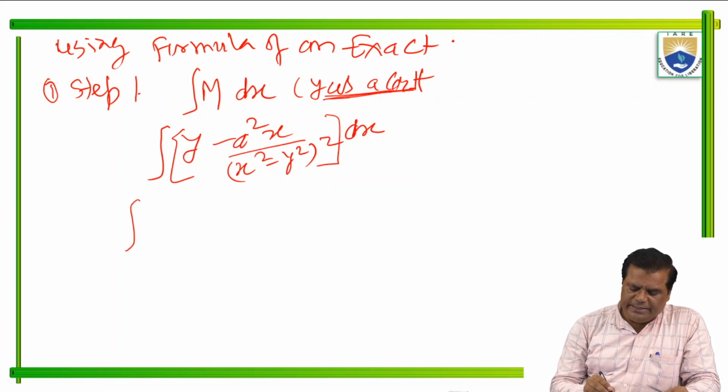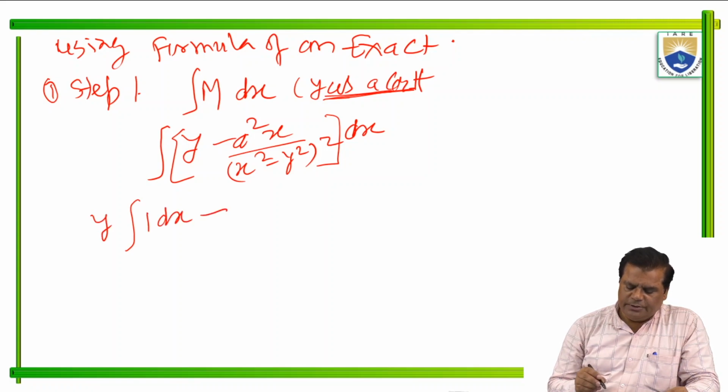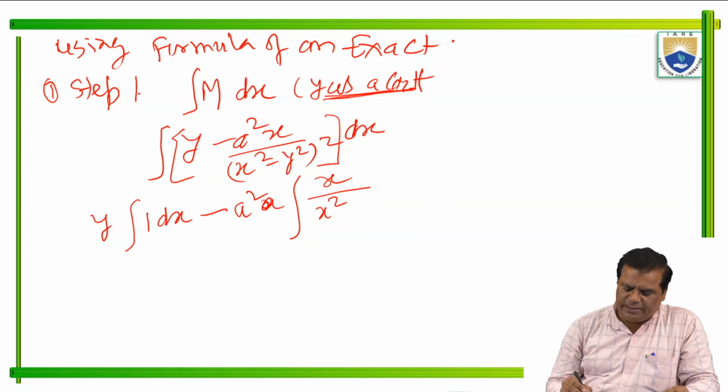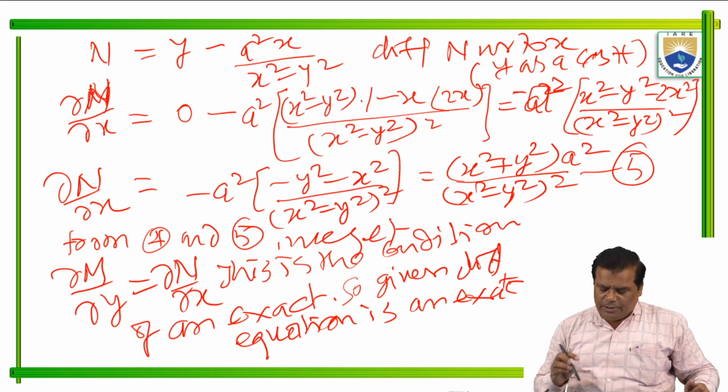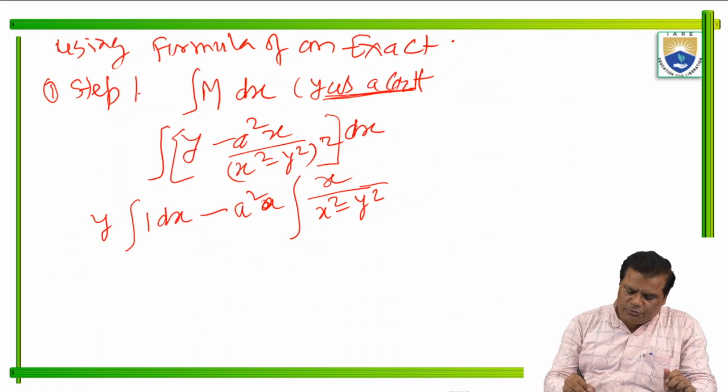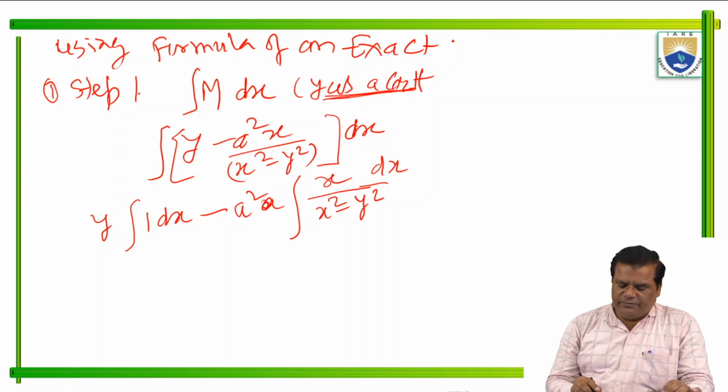Integration here, y constant by this, and here dx, 1 dx, minus here a square constant and x constant, integrate x upon x square minus y square dx. So here y is a constant.